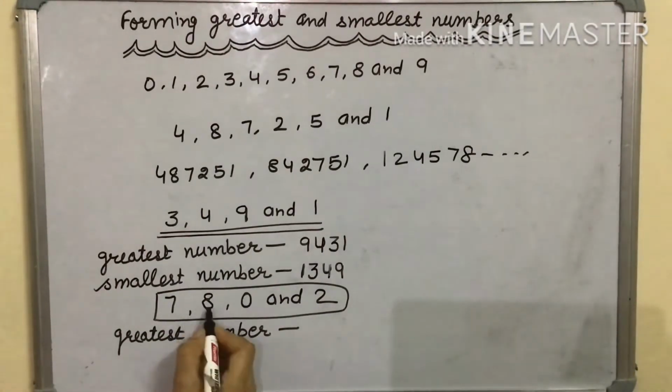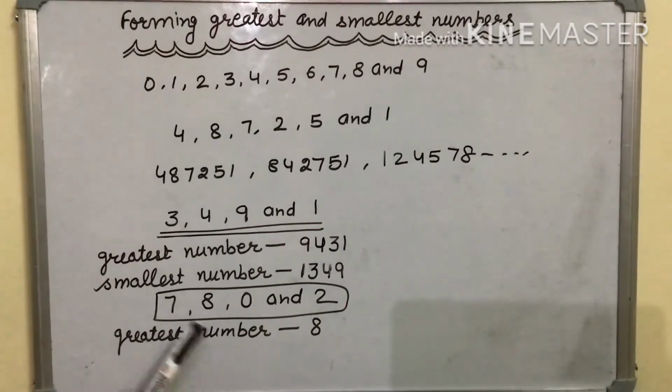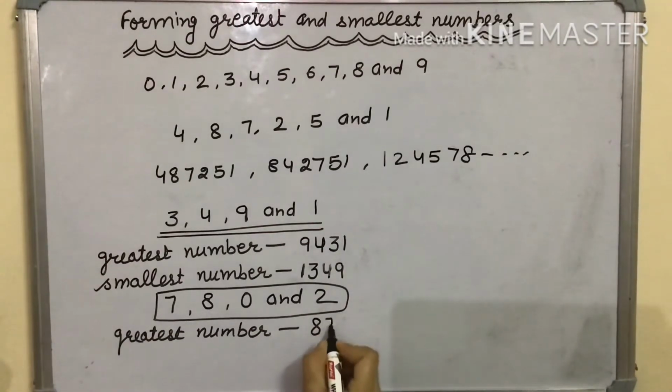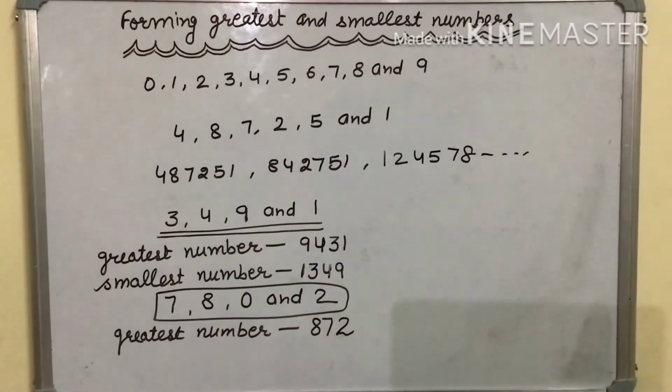The largest digit is 8, so we will write 8. After that, the largest digit is 7. So we will write 7. After 7, 2 is the largest digit and in the end 0 is the smallest digit and we write it in the end.